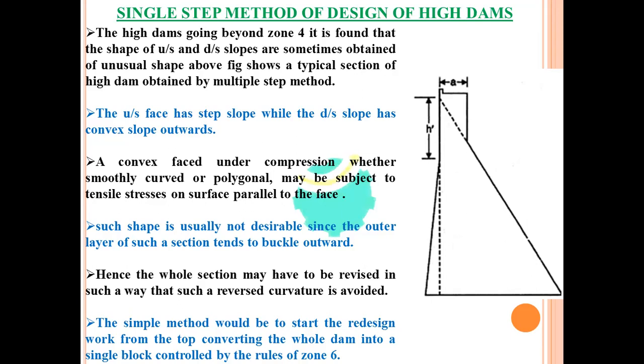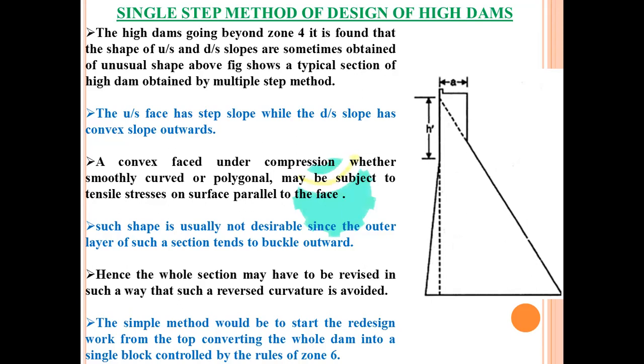Such a shape is usually not desirable since the outer layer of such a section tends to buckle outward. So due to the development of tensile stresses, we must not go for a convex faced structure. Hence, the whole section may have to be revised in such a way that reverse curvature is avoided.